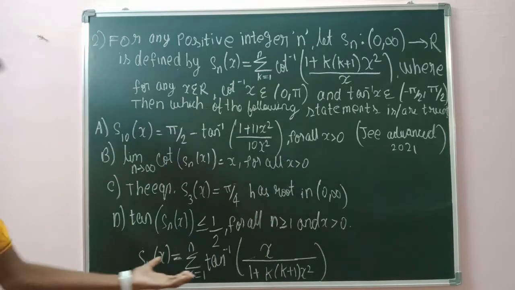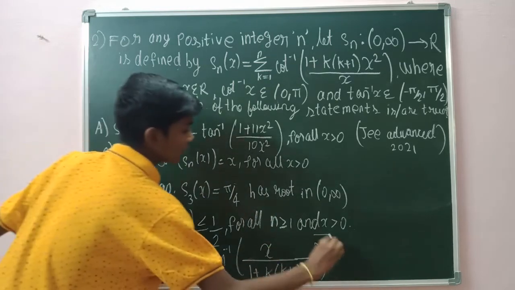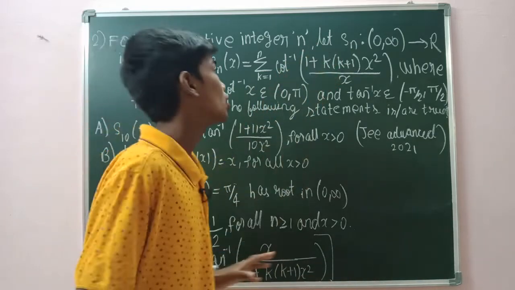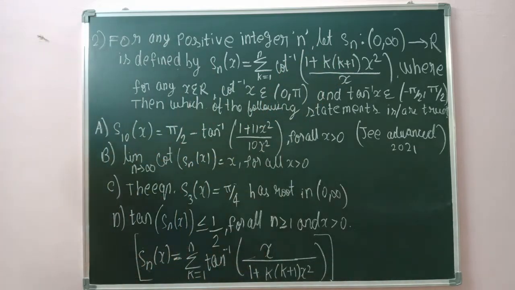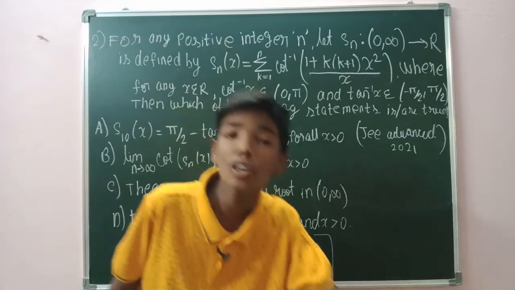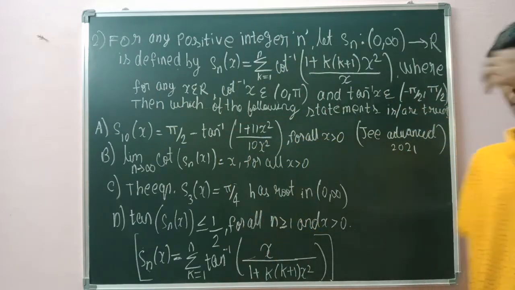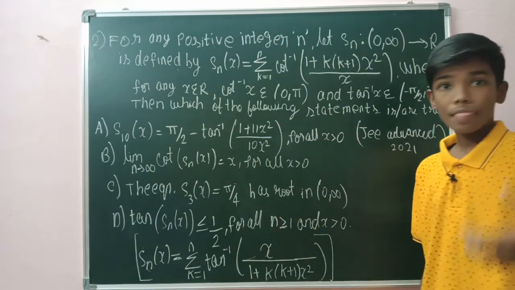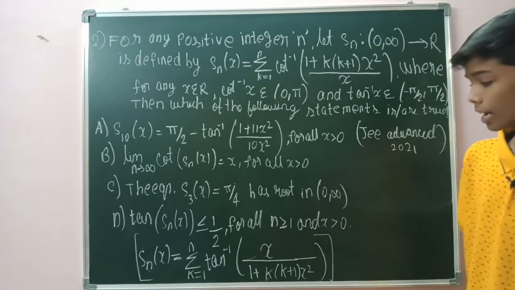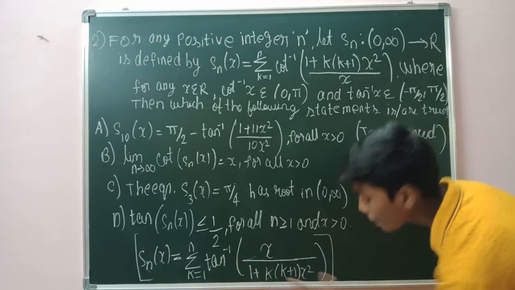This is the form of expression you will get when you convert this cot inverse in terms of tan inverse. Now what you will do is very simple. You are going to use the tan inverse a minus tan inverse b formula: tan inverse a minus tan inverse b is tan inverse of (a minus b) by (1 plus ab). I need to convert this as tan inverse of (a minus b) divided by (1 plus ab).